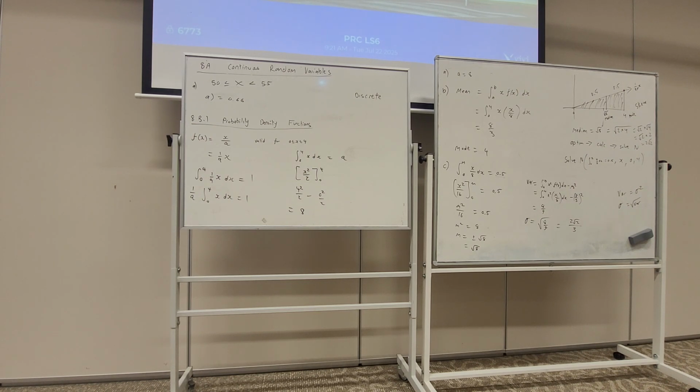Now we have one more part to do, which was find the probability of the event between 1 and 2. So this is a probability density function. And what we're going to do here is we're going to say, well, what's the probability that an event occurs between 1 and 2? That we're selecting a value from the distribution and it occurs in between 1 and 2. All we're going to do for the last part here is the integral from 1 to 2 of our probability density function.